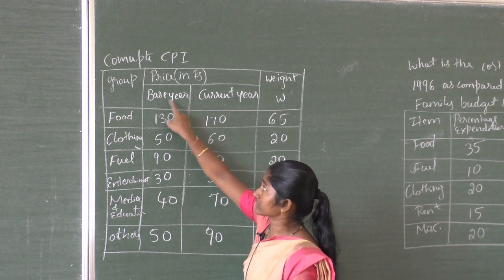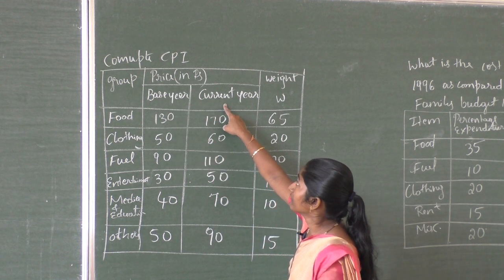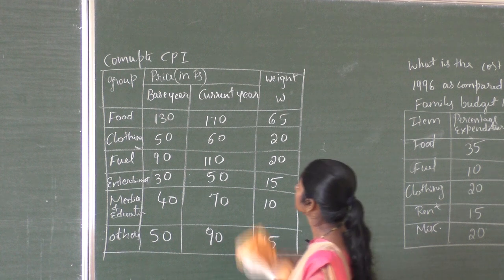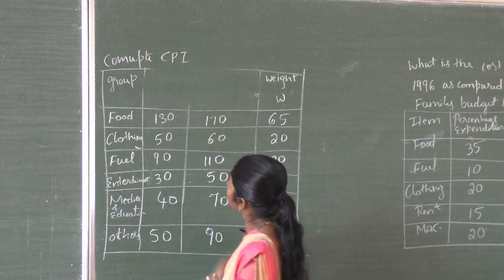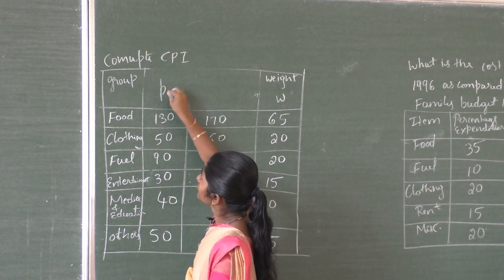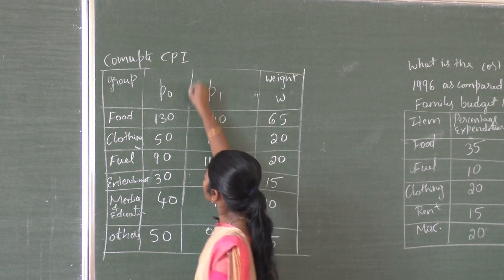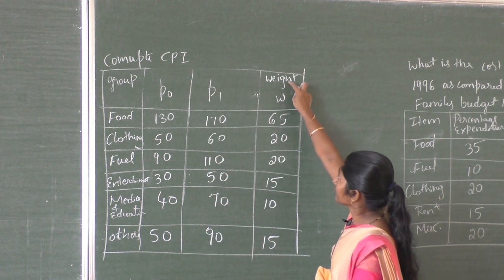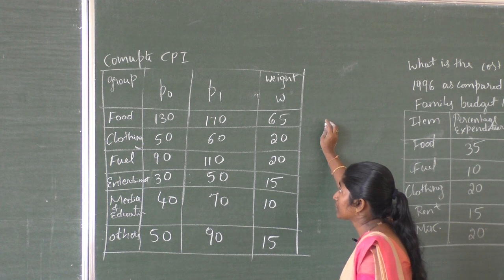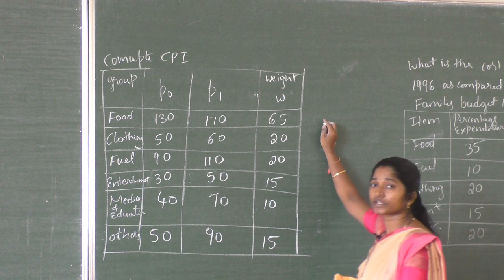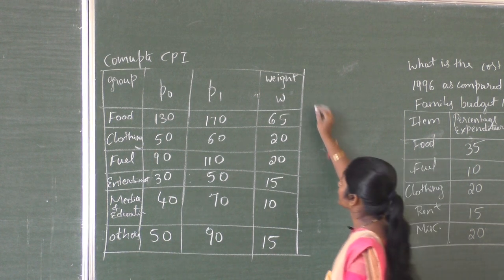This is P naught, the base year. This is P1, the current year. Price with P naught and price with the current year. This is W, the weightage. Which one do you have to find out? That is the price relative.